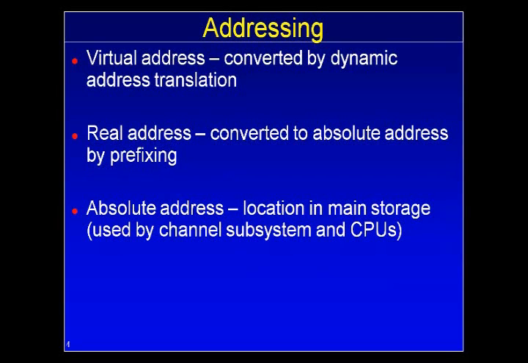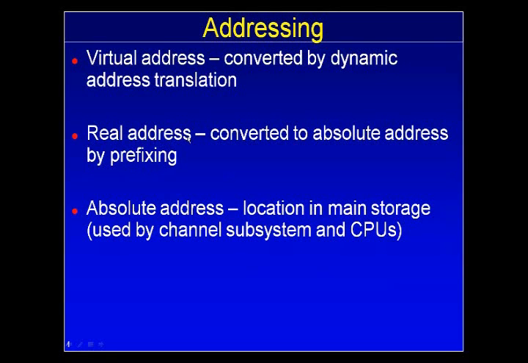Now, some concepts: when we're talking about a virtual address, which is the address that all of your programs see, this has to be converted into a real address at some point, so dynamic address translation occurs. Then we also have the real address, which we have to convert to an absolute address by prefixing, because its storage is associated with a particular CP.